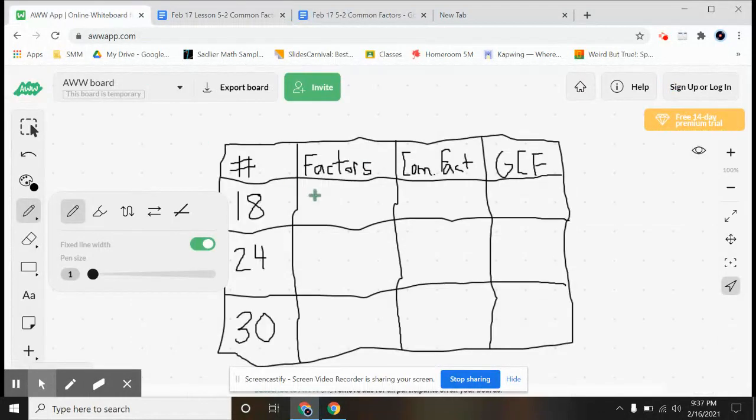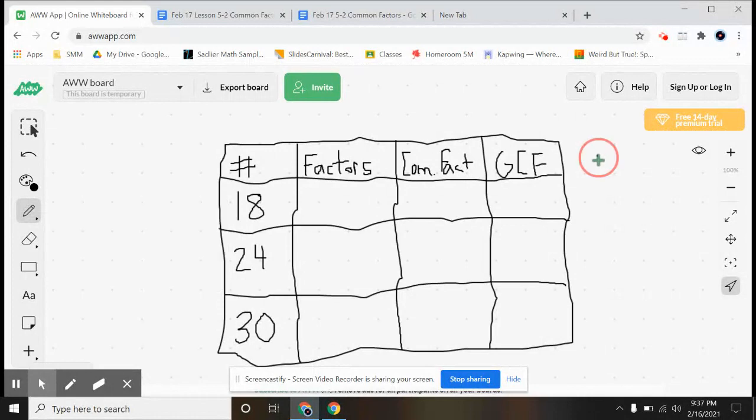So the first thing we're going to do is list the factors for 18. We have to think, what are the numbers that are going to help me get to 18? Some of you are going to be able to do this without having to write stuff out. Others of you are going to need to come over on a little work page and write this stuff out so you can see it easier. So what are the factors for 18? Well, we did this a minute ago when we were talking about our example, but obviously 1 times 18 will give me 18. If I keep moving, what about 2?